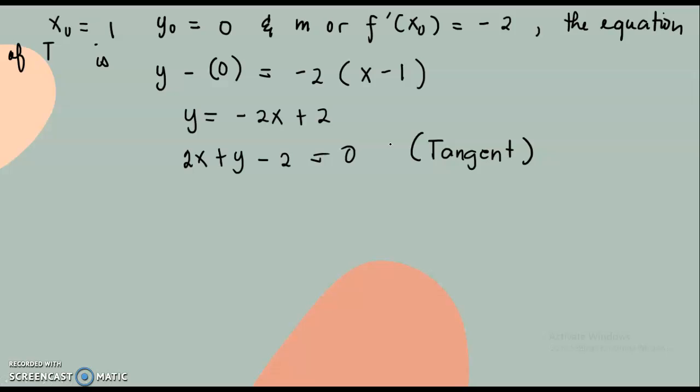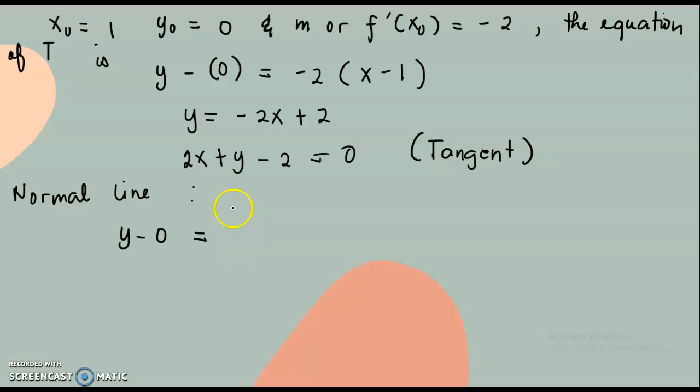Okay, now for the normal line, we will have y minus 0 is equal to, since m is negative 2, the slope will become negative 1 over m.